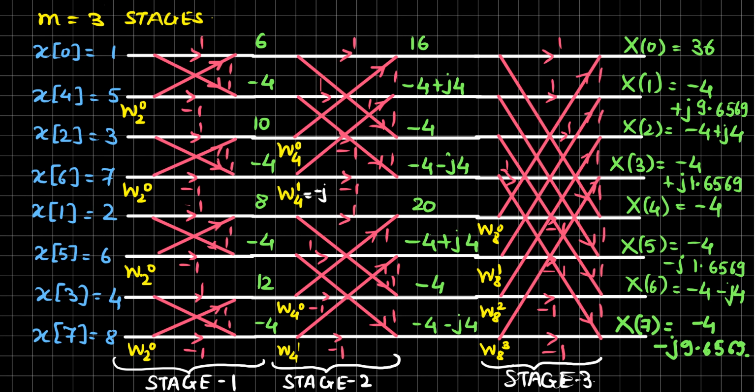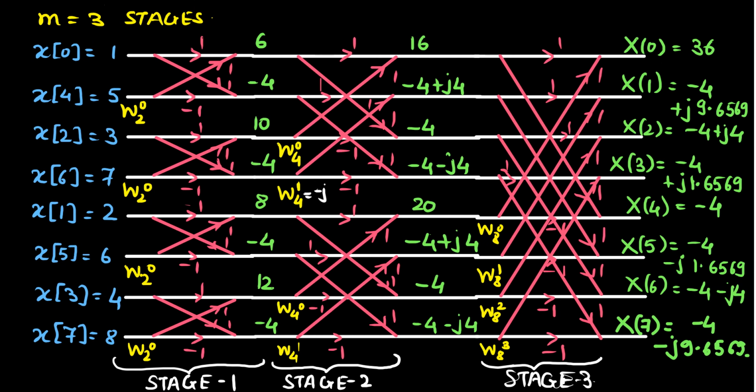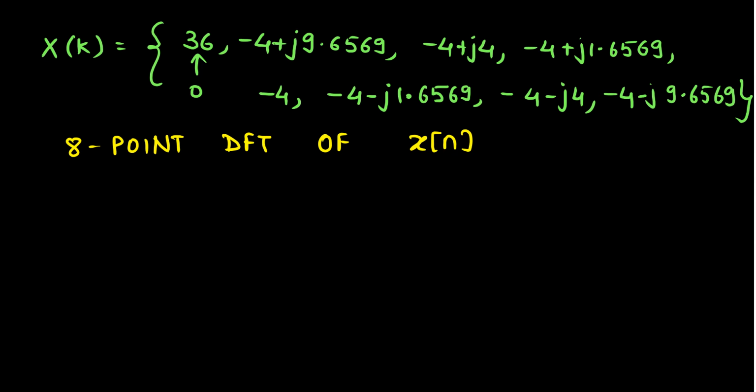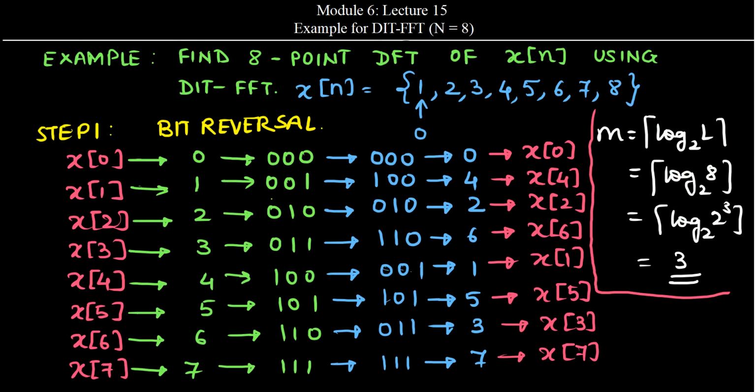Now after this example, let us try to generalize certain things. That is, we have considered it for a particular value of m and n. So we know that we can find the value of m using this formula.